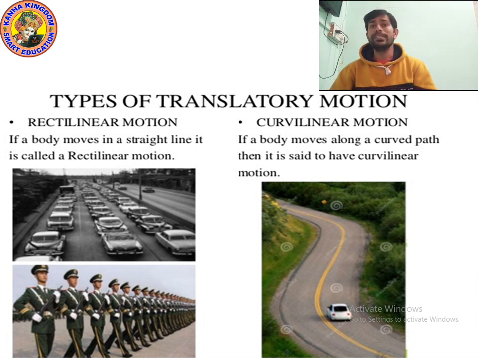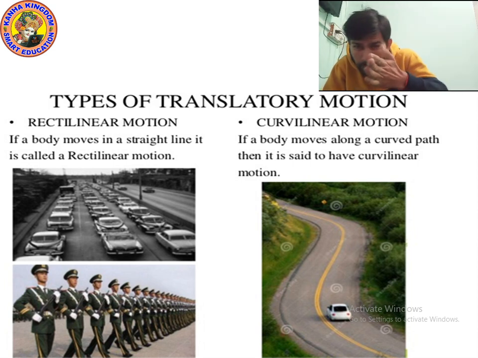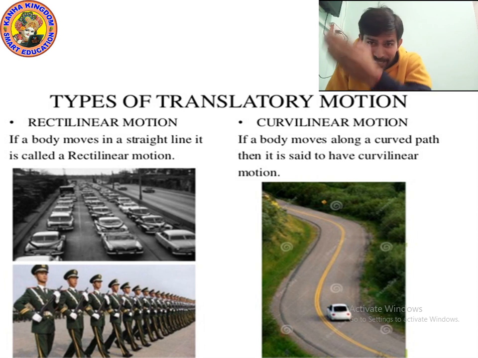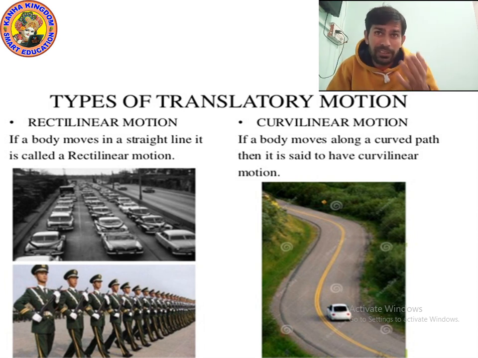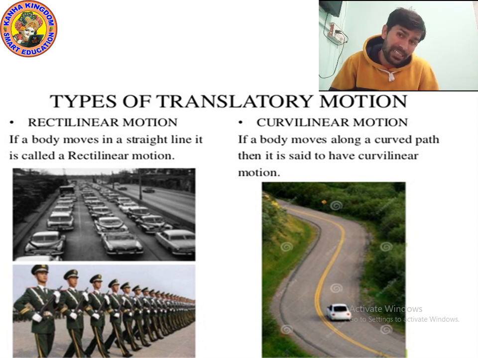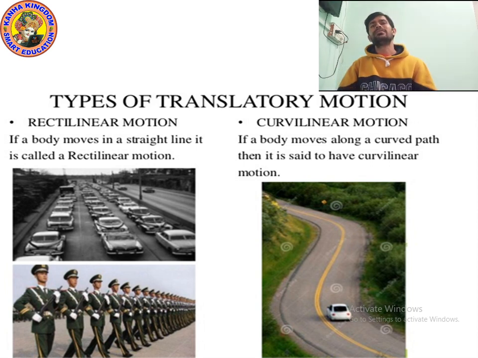If a body is moving in a straight line, it is called rectilinear motion. Not like a snake, which never goes in a straight line. If any object, a car, bicycle, or human, is moving in a straight line, it is known as rectilinear motion.